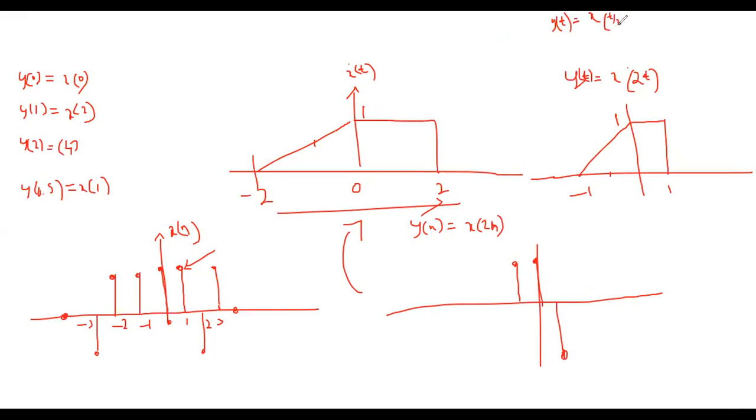When it was 2t, the signal got compressed by a factor of 2. Now, when I say x of t by 2, I think it is going to get expanded. That means y of 0 is x of 0, y of 1 is x of 0.5, and y of 4 will be x of 2.